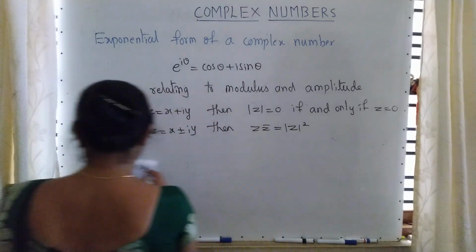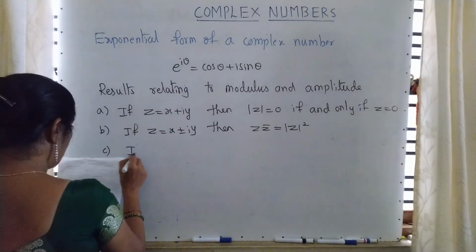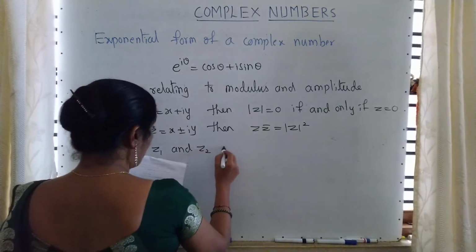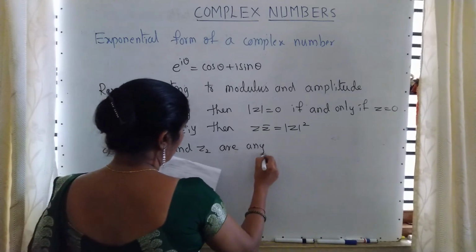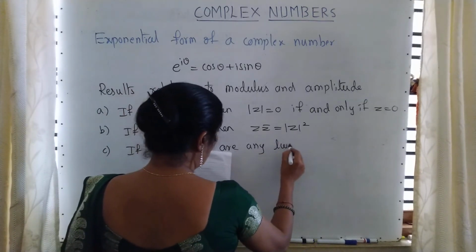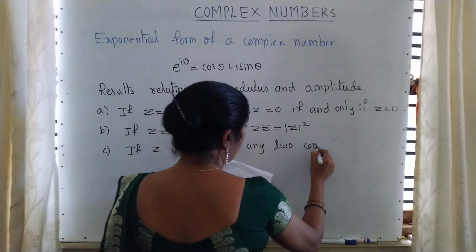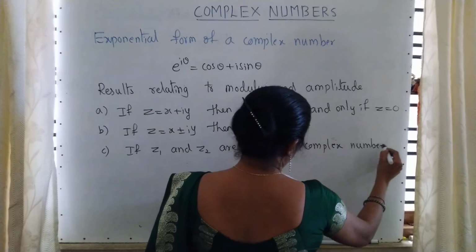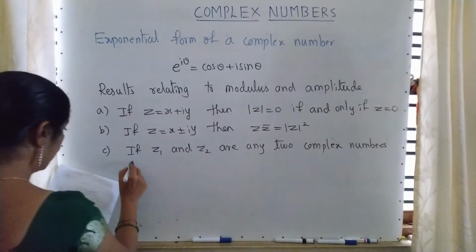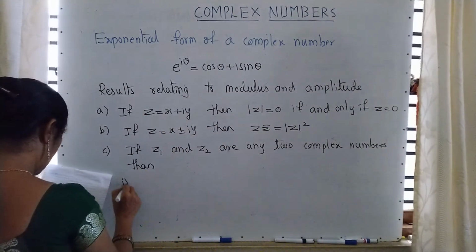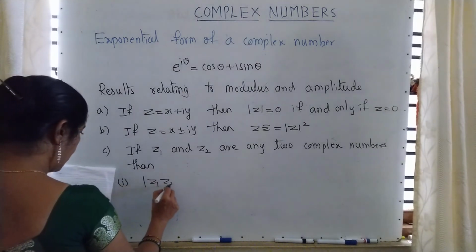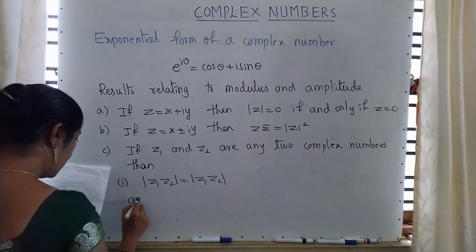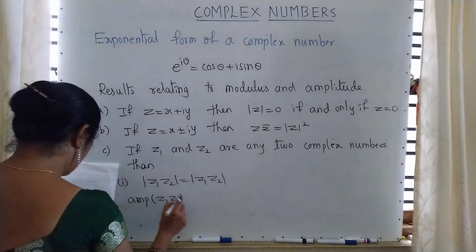This is very important. Third one: if z1 and z2 are any two complex numbers, in that first one, because they can ask the properties in 1 mark for multiple choice.